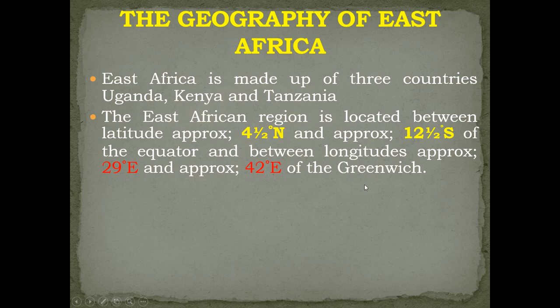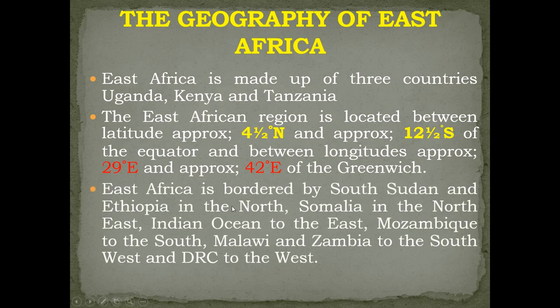So it means the whole of East Africa is to the east of the Greenwich meridian, which crosses Africa through Ghana, in the western part of Africa.